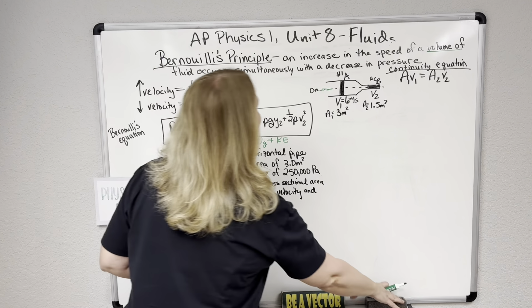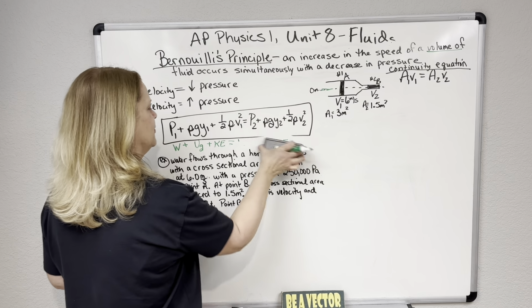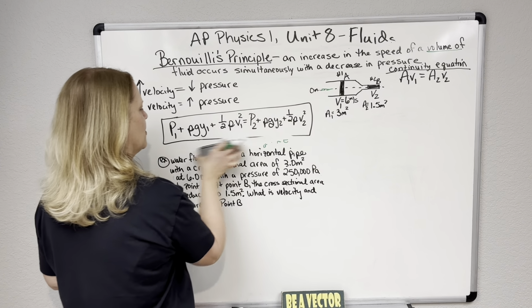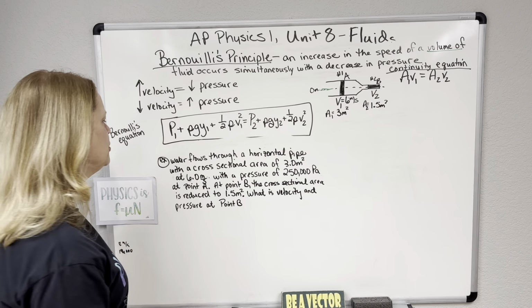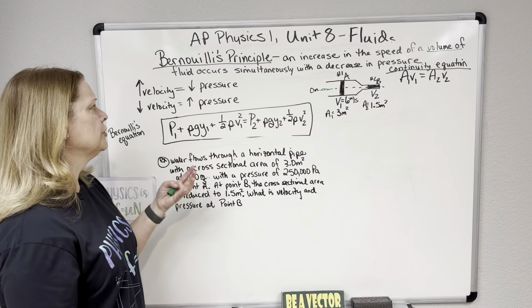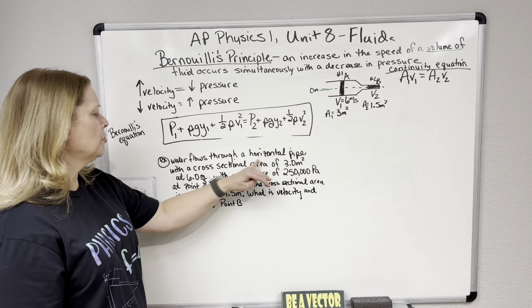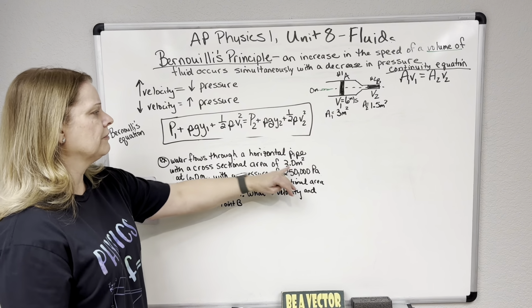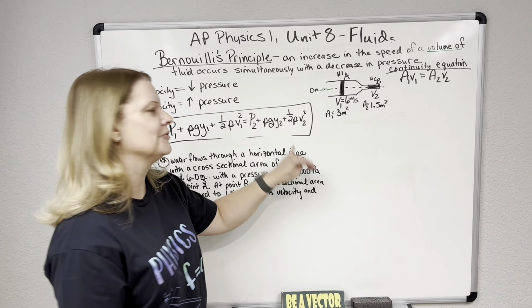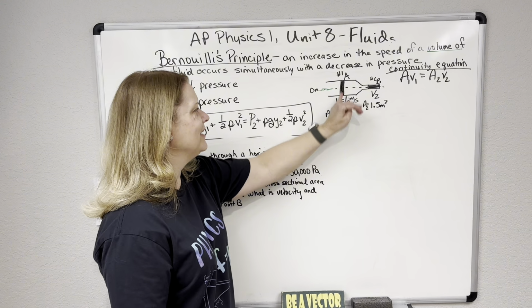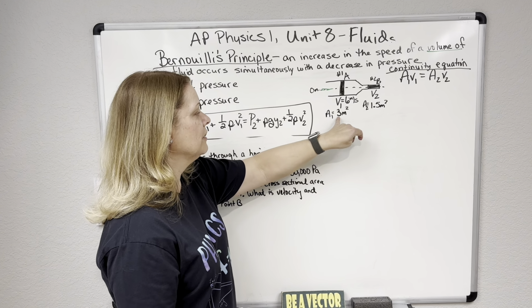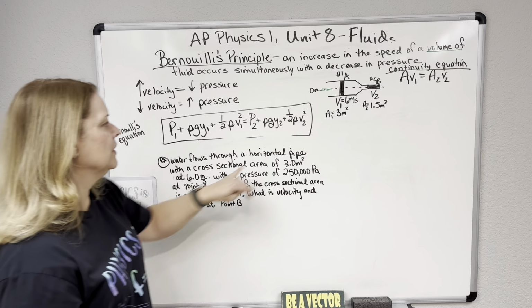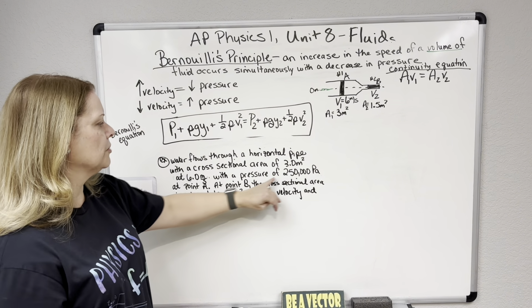All right, now that we understand that, let's just go to this problem. We're just going to jump right in. Now that you know Bernoulli's principle is basically just conservation of mechanical energy over a volume of fluid. Water flows through a horizontal pipe with a cross-sectional area of 3 meters squared. That is A, right here at point A. We have an area of 3 meters squared, and it's moving at 6 meters per second, with a pressure.